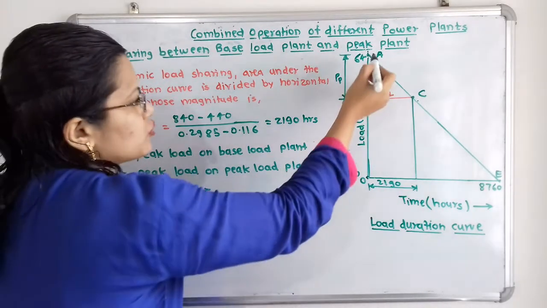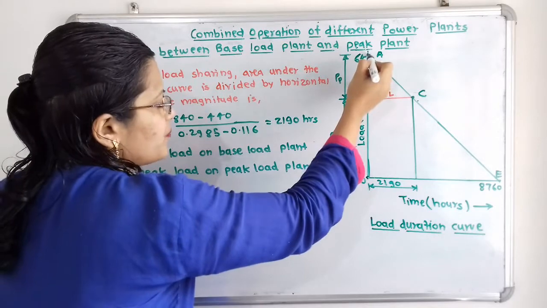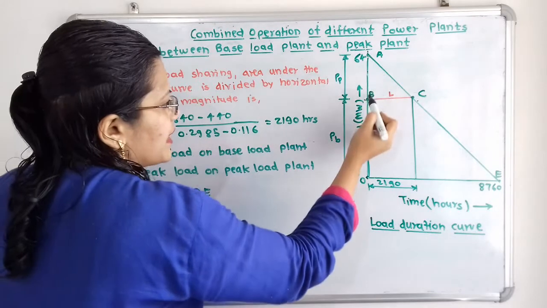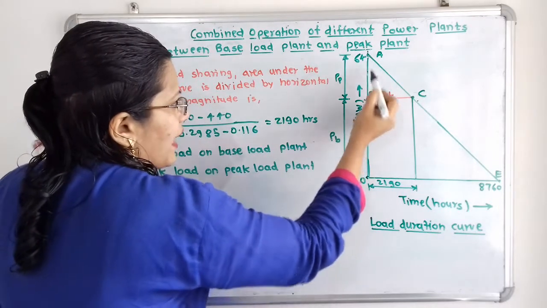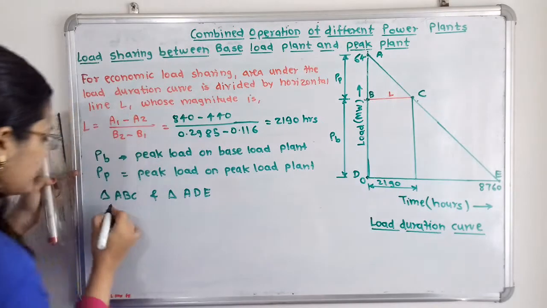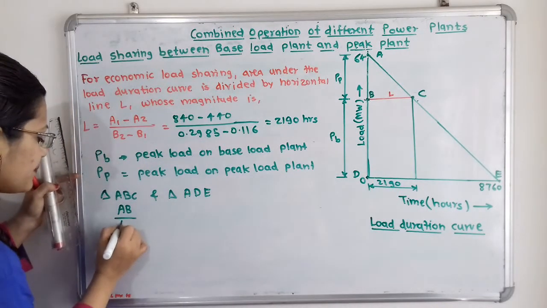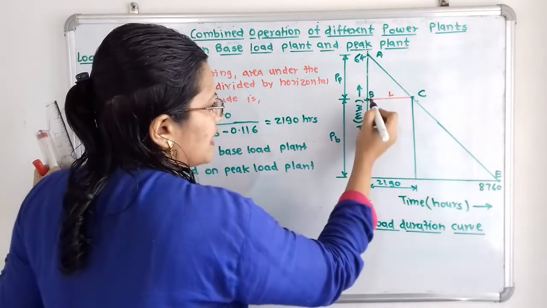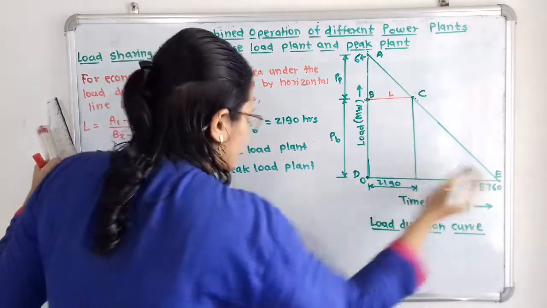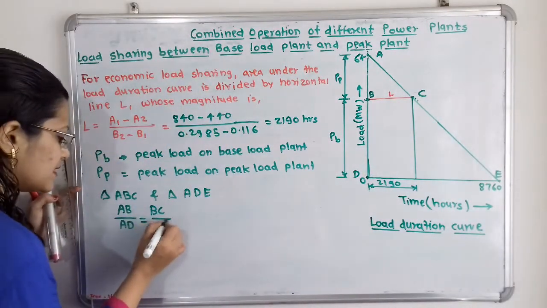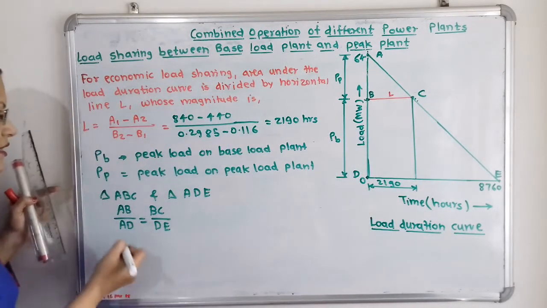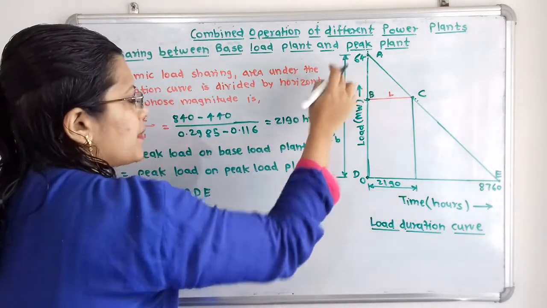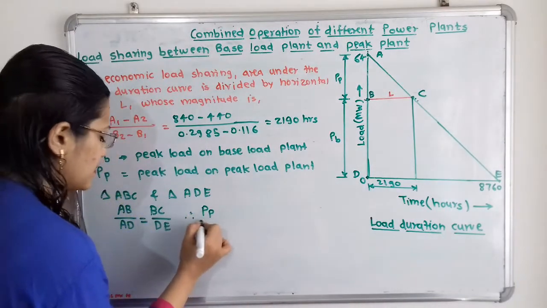So if I take the ratio in triangle ABC, that is AB divided by AD, is equal to the ratio for the base of these two triangles, that is BC divided by DE. Now we will put the values. So what is the value of AB? AB is nothing but PP, the peak load on peak load plant, divided by AD.